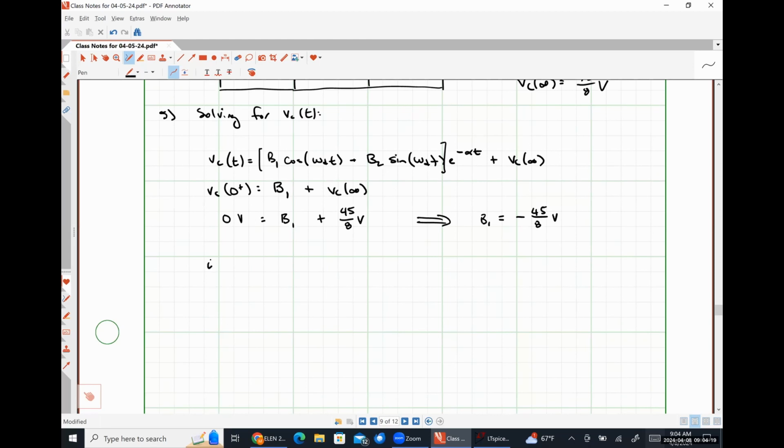Now we could say that IC of t is C dV by dt.